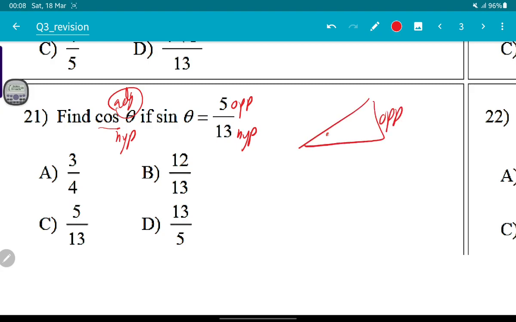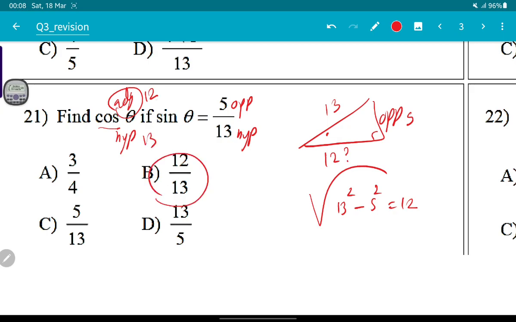For example, if the opposite is 5 and the hypotenuse is 13, if you miss one of the two legs, as we started the revision, you need to use Pythagoras theorem. 13 squared minus 5 squared, this will be 12. So in this case the adjacent is 12, so this is 12 over the hypotenuse, which is 13, so the answer is B. Okay, let's stop here and try to add the rest of the revision in another video, and I hope you enjoyed the first one.